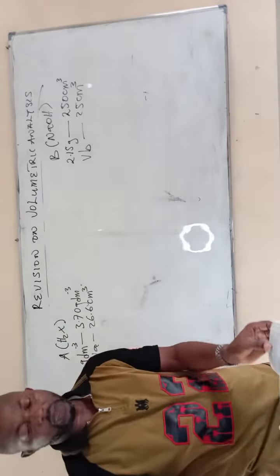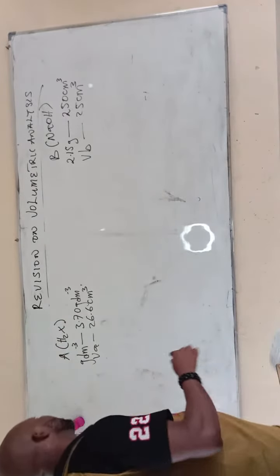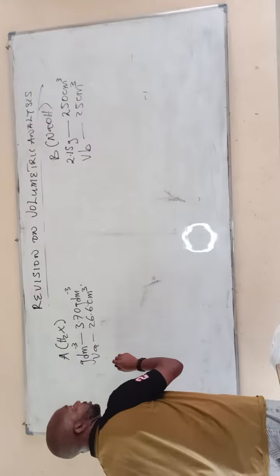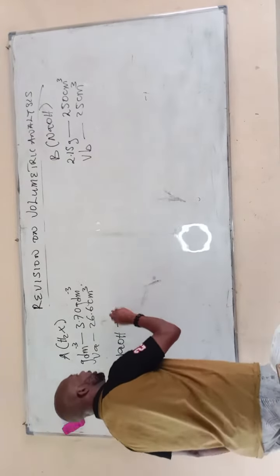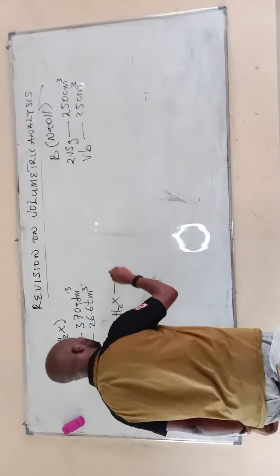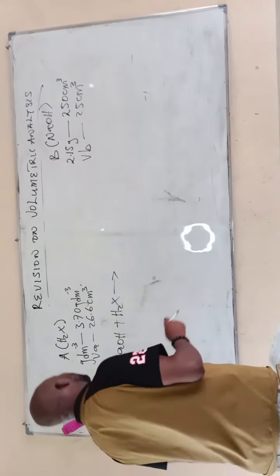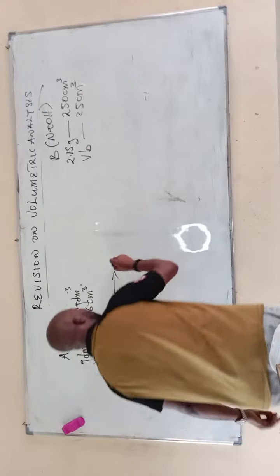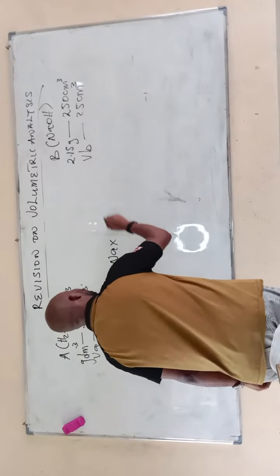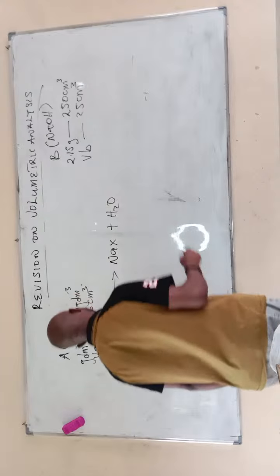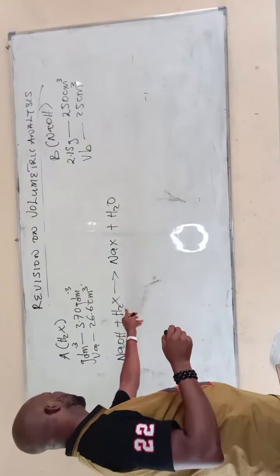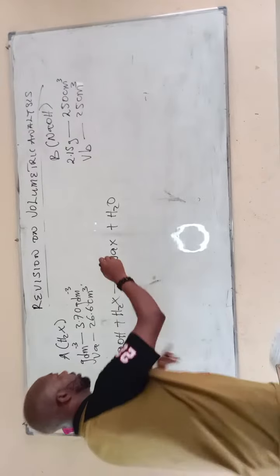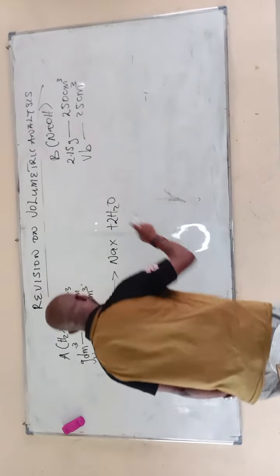So let's go back. Now we have sodium hydroxide plus H2X, which gives us sodium X plus water. So we're going to balance it. We have 2 hydrogen plus 1, 3. Here is 2. So if I add 2 here, I have 4.